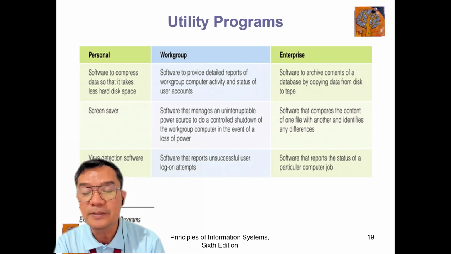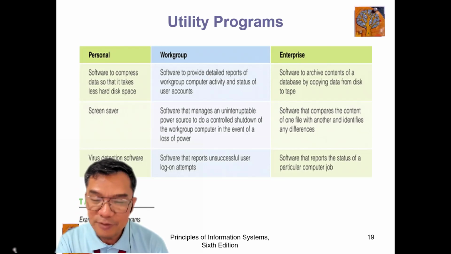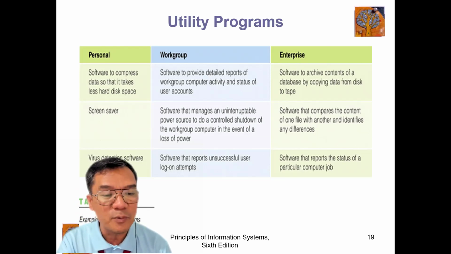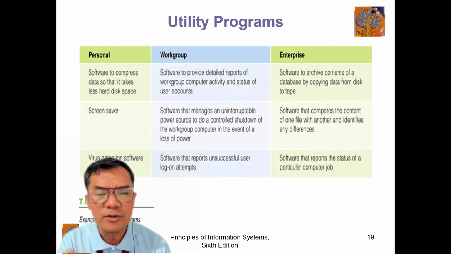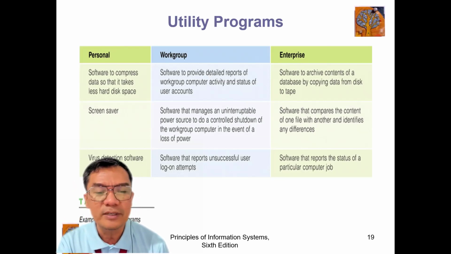This is for connected computers. An enterprise would be archive and display. A screensaver is a utility program for personal software, and virus detection software is also considered personal level. Although virus detection can support a workgroup, it is normally installed individually.